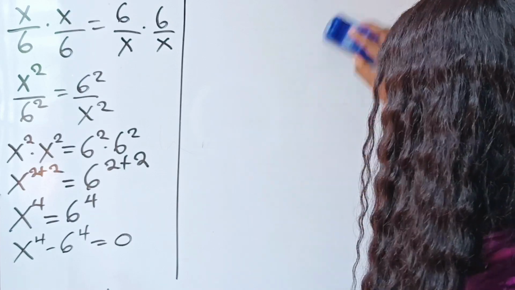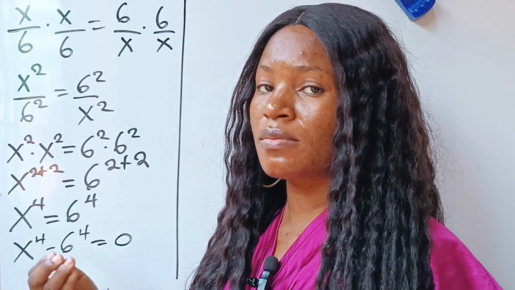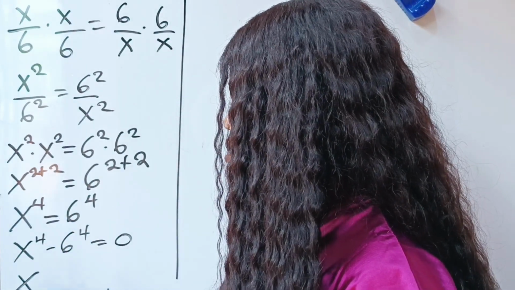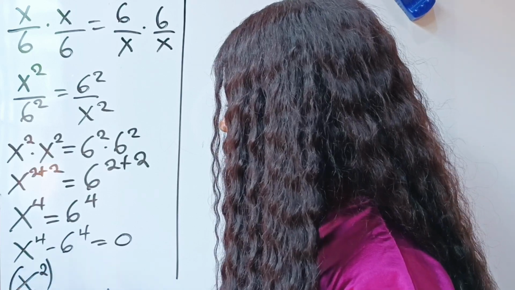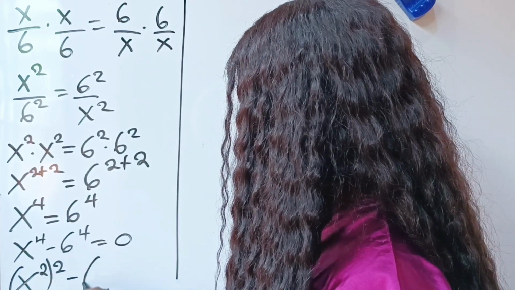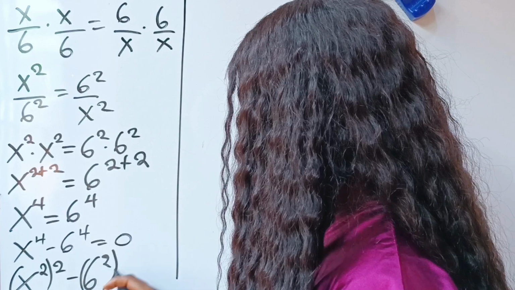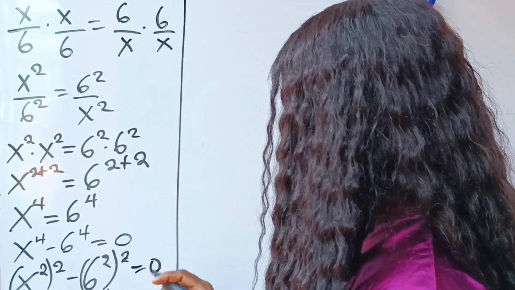So that simply means that I can express 4 as 2 times 2, right? So I can write x to the power of 2 raised to the power of 2 minus 6 to the power of 2 raised to the power of 2 is equal to 0.